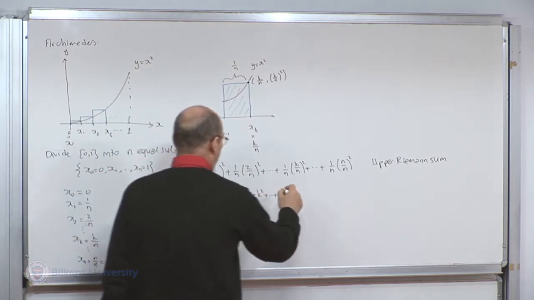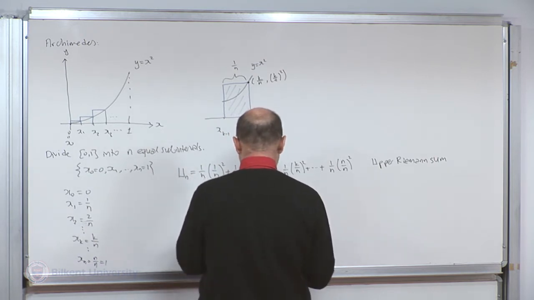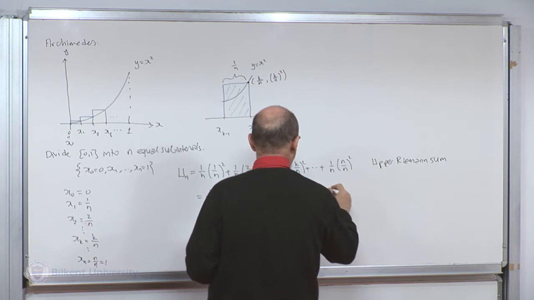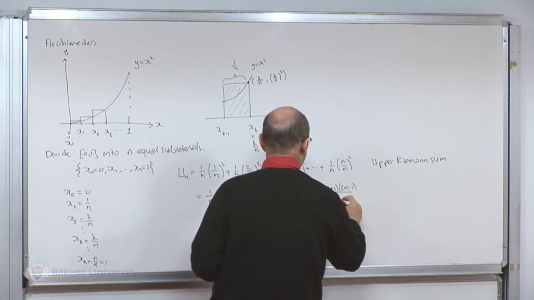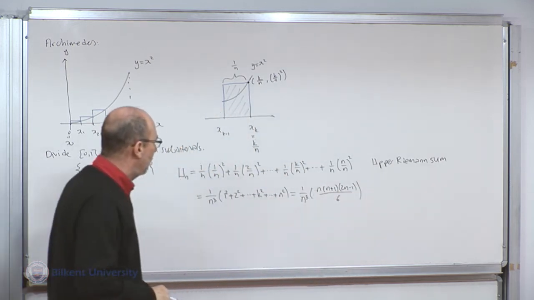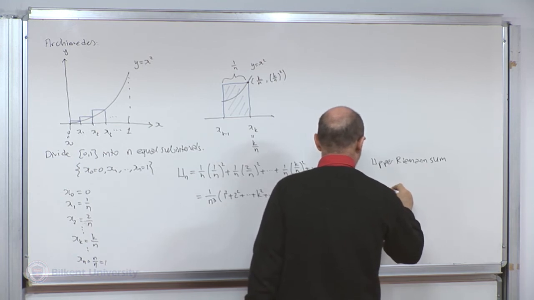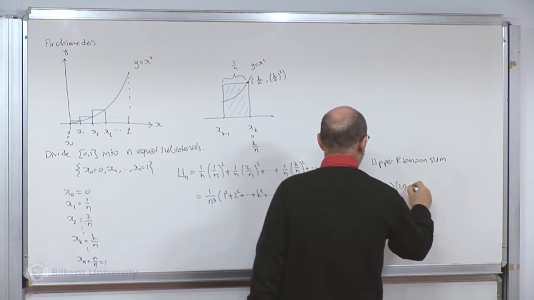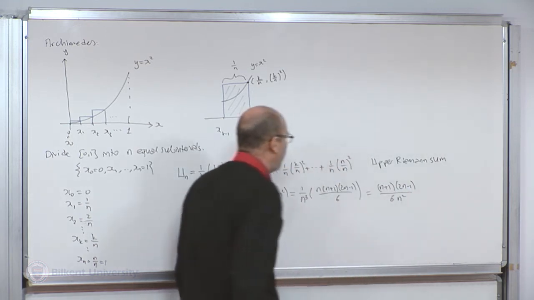The formula for this is 1 over n cubed times n times (n plus 1) times (2n plus 1) over 6. So n's cancel, and you have (n plus 1)(2n plus 1) over 6n squared.